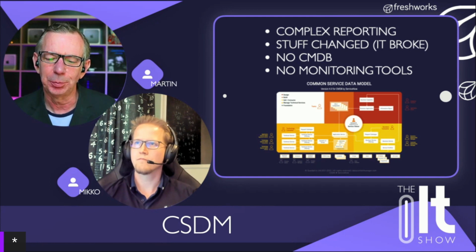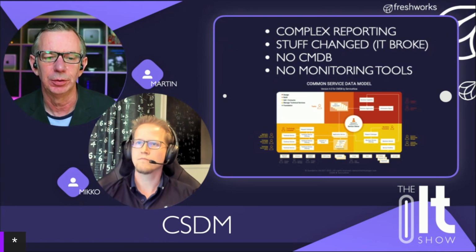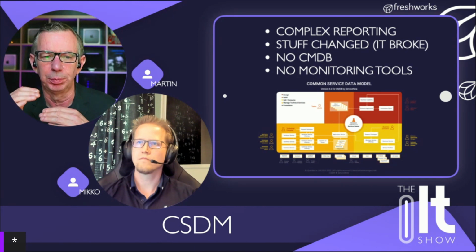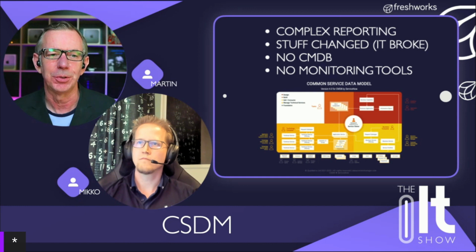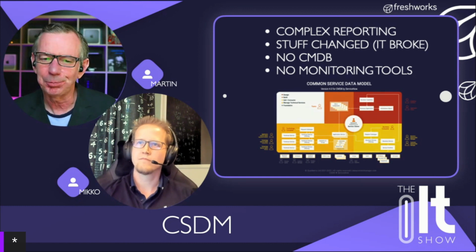And as part of sorting out the CMDB, ServiceNow came up with the Common Services Data Model. But what I found really interesting was that at the heart of that model was this principle of breaking the application down into its component parts. It's just that we've got a lot more to deal with nowadays.